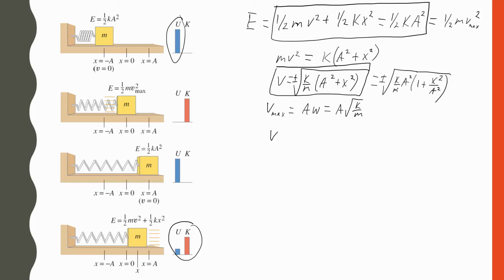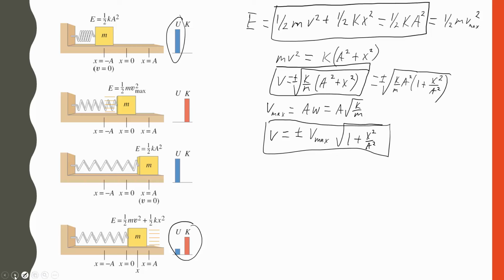This stuff here, that's root k over m times a squared, which just becomes an a. So this is our maximum velocity. So plus or minus the maximum velocity times the leftovers, which is square root of 1 minus x squared over a squared. So just another way of writing the same idea.